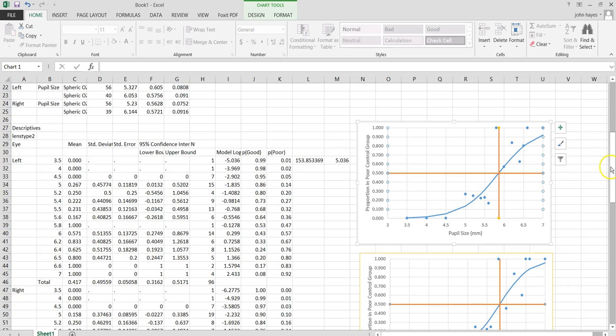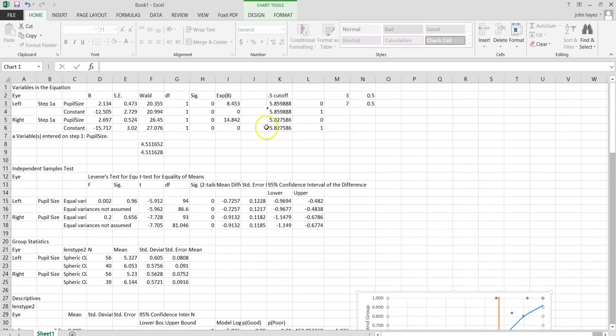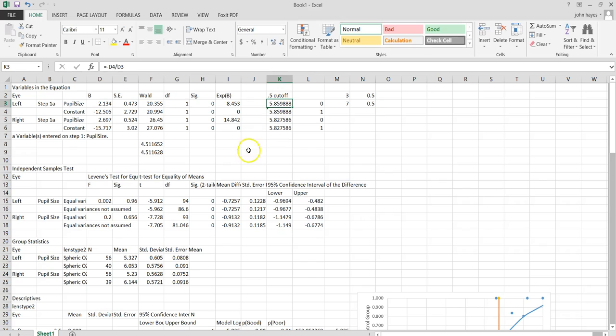So how do we get that number? Well, if we go in and solve for this regression equation, remember that the logit is the log of p over the quantity 1 minus p. When p is 0.5, that's the log of 0.5 over 1 minus 0.5, which equals 1. The log of 1 is 0.